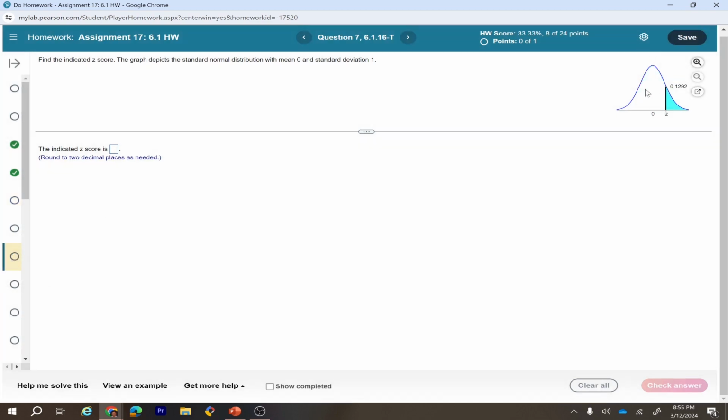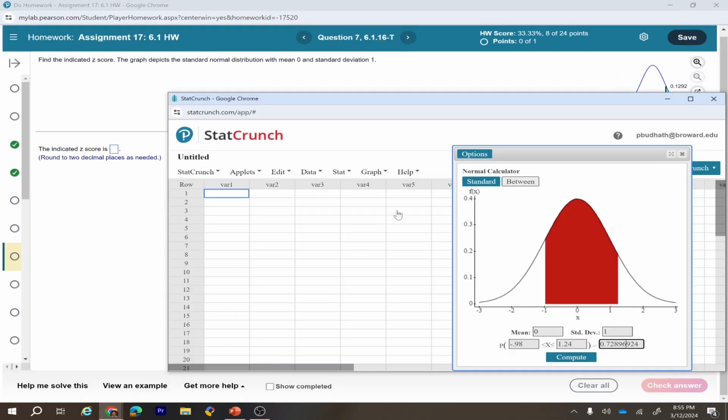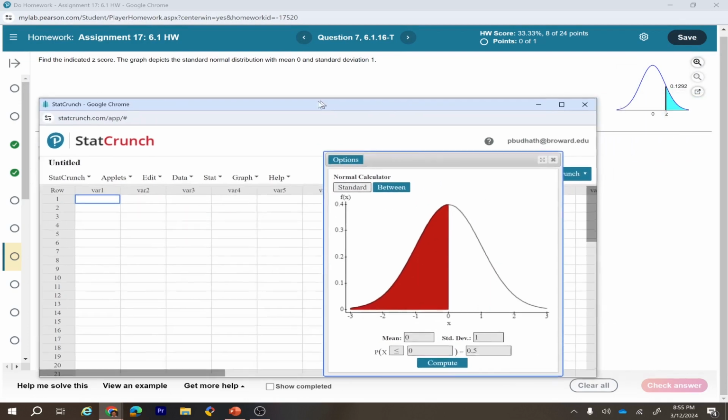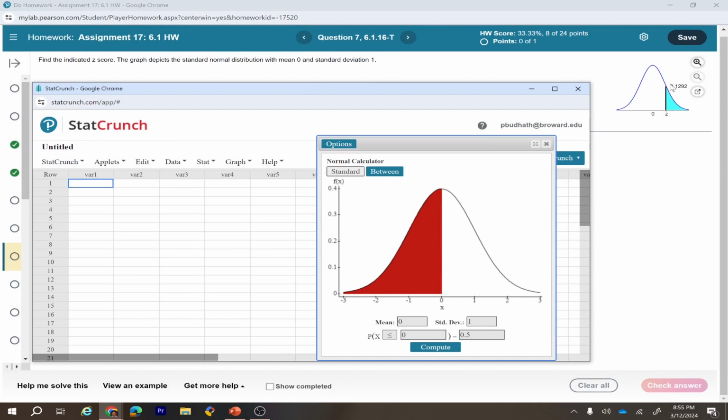Let's do another problem. Here we are given the area under the curve to the right side of the z-score, and we would like to find the z-score. Using the same calculator, remember the area is given, so the mean is 0 and the standard deviation is 1. It's already given. The area means the right side box here.